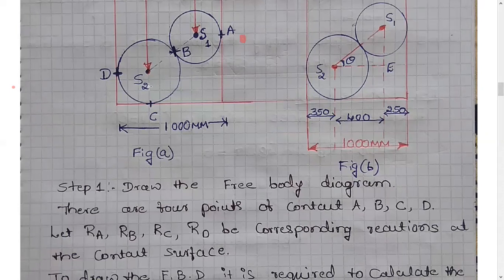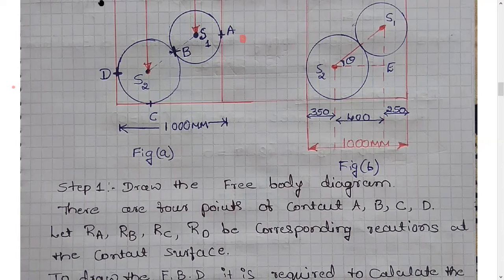If one sphere has some self weight and it acts on sphere 1, sphere 2 is also touching the wall at point D, and there is a self weight, and also a reaction which is developed at point C. But I don't know the angle of the reaction force which is acting at B. So before drawing the free body diagram, I want to determine the direction of the reaction force at B.